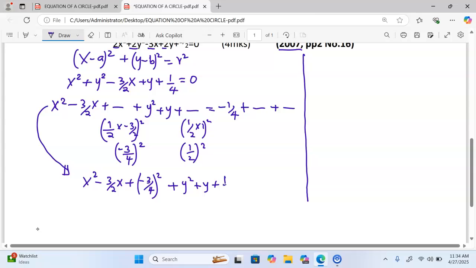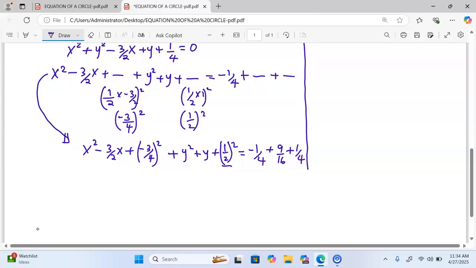This one is going to be half squared, and this one is going to be negative a quarter, plus our b in this case, we were having negative 3 over 4 squared, which is going to be 9 over 16, plus this other part that we were adding will be half squared, which is a quarter.